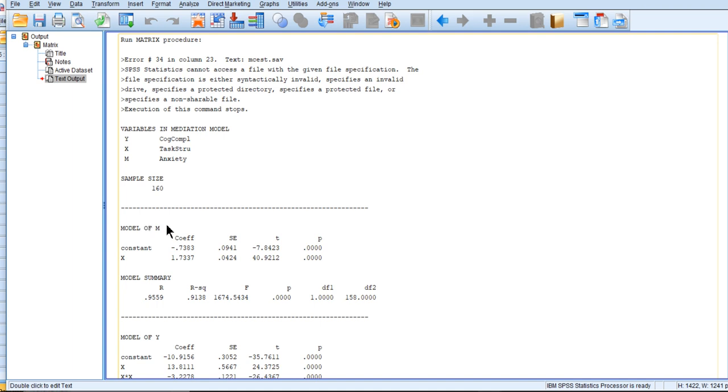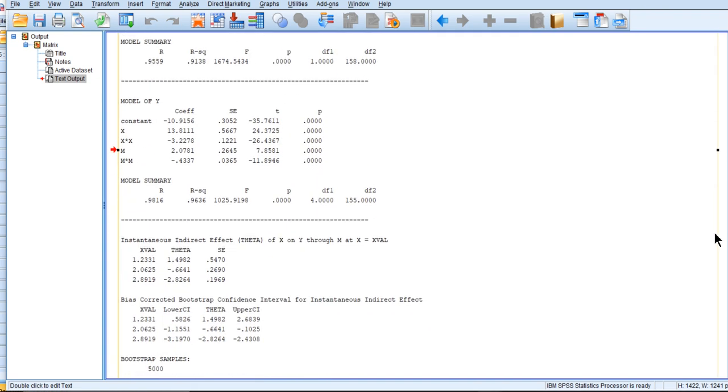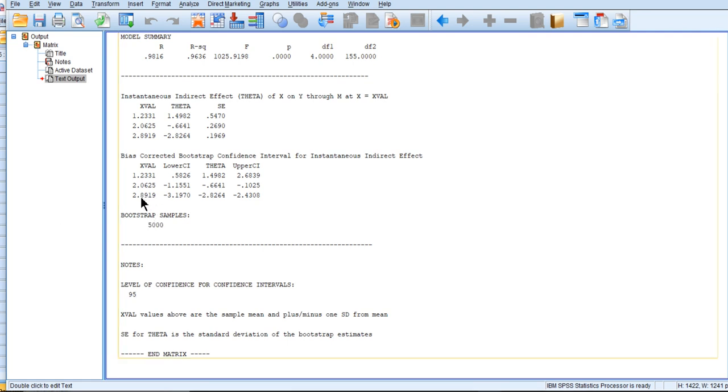When the task is unstructured, the upper confidence interval and lower confidence interval are both negative, and the result is significant too, because it doesn't contain zero.